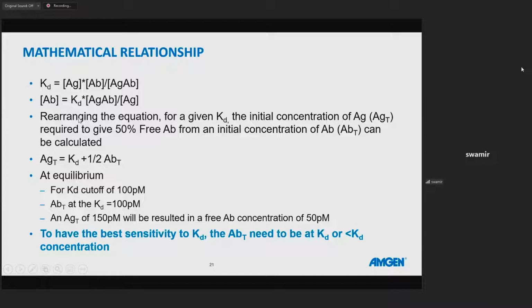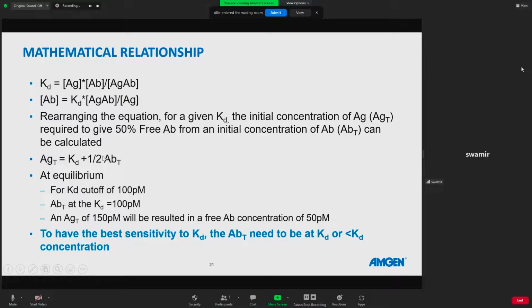By rearranging the equation, for a given KD, the initial concentration of total antigen required to give 50% free antibody at an initial concentration of total antibody can be calculated by antigen total equal to KD plus half antibody total at the initial time.